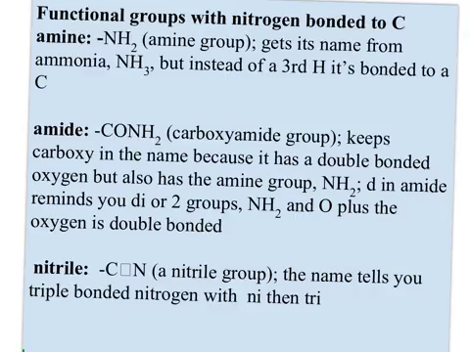And then amides are slightly different. It just means that now you have an NH2 group, but it's bonded to a carbon that also has an oxygen double bonded to it. And so instead of being called an amine group, it's called a carboxyamide group because it's got both the double bonded oxygen and the NH2 group.